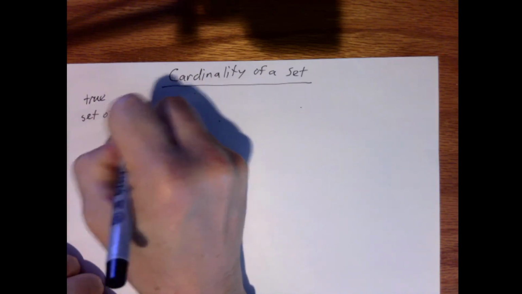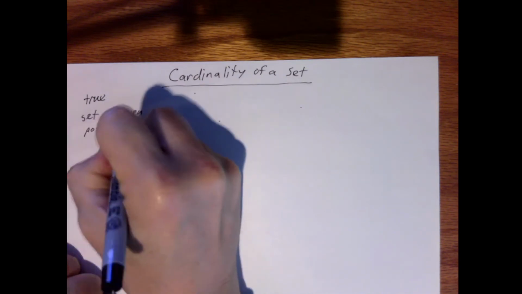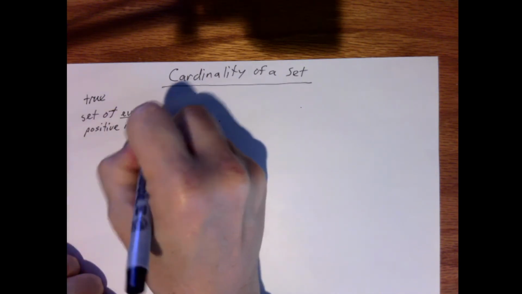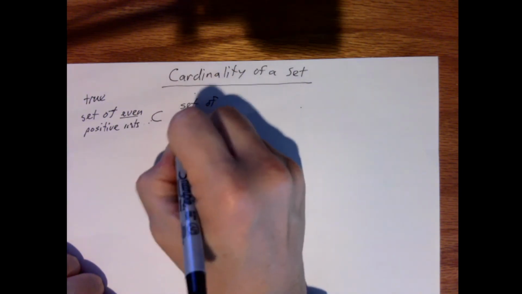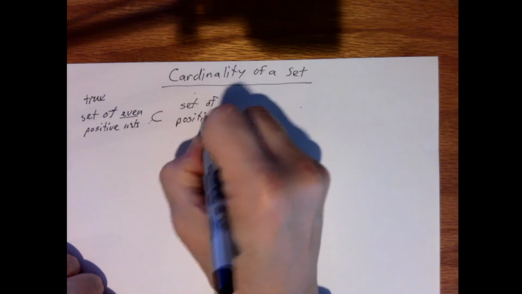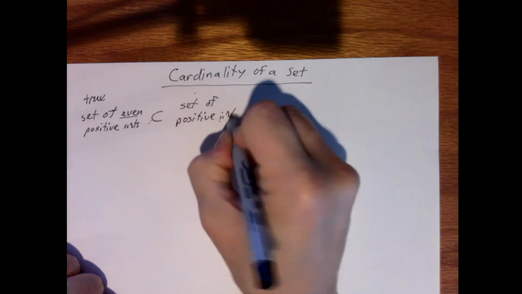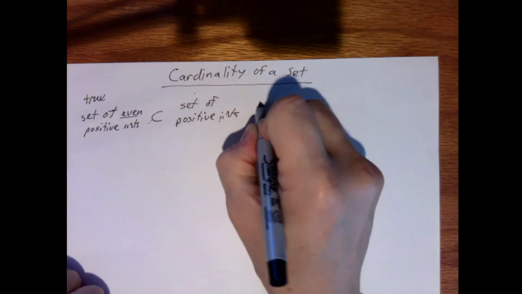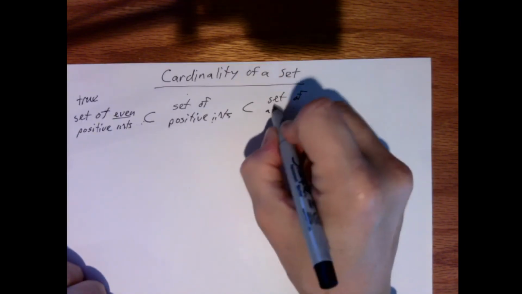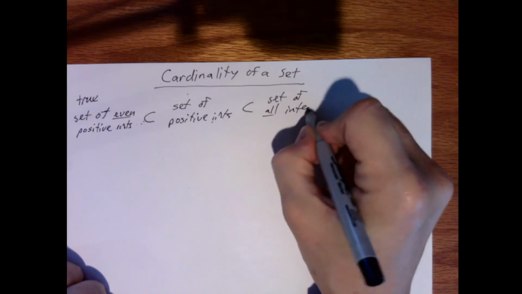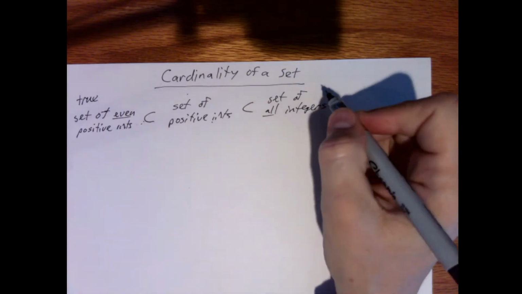The set of even positive integers is a subset of the set of positive integers, which itself is a subset of the set of all integers, which we normally say is just the set of integers.